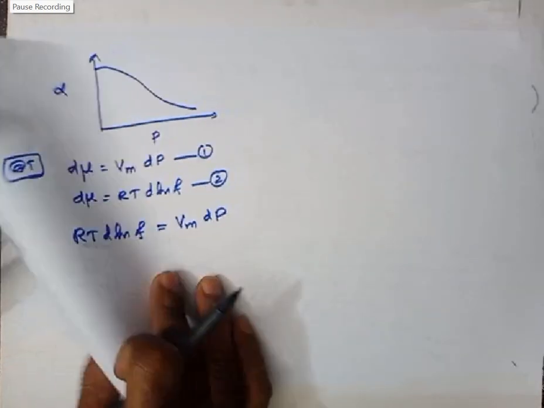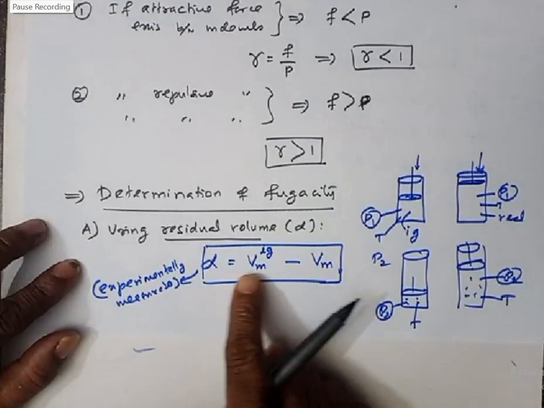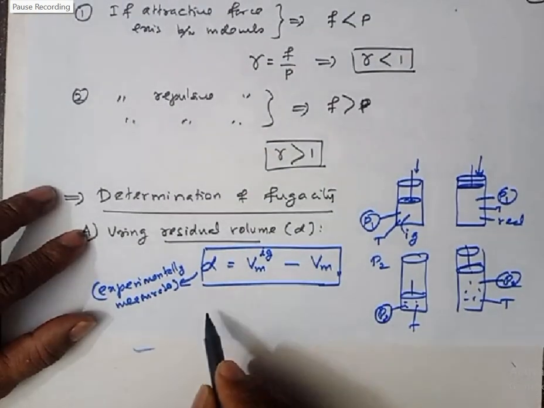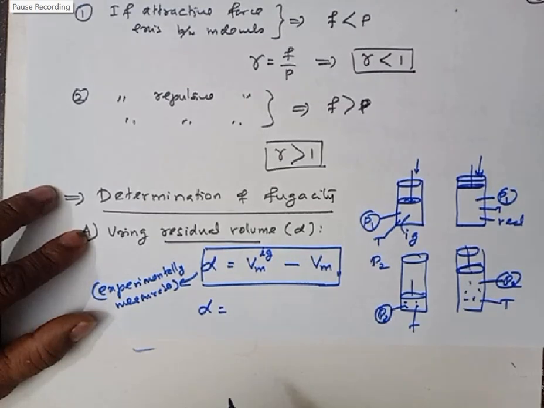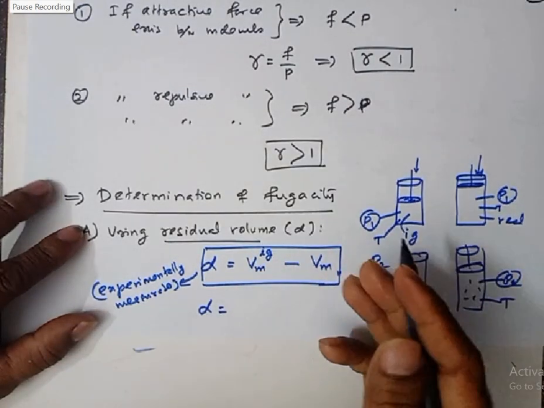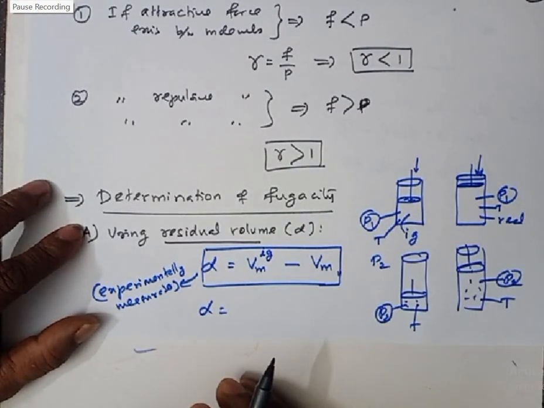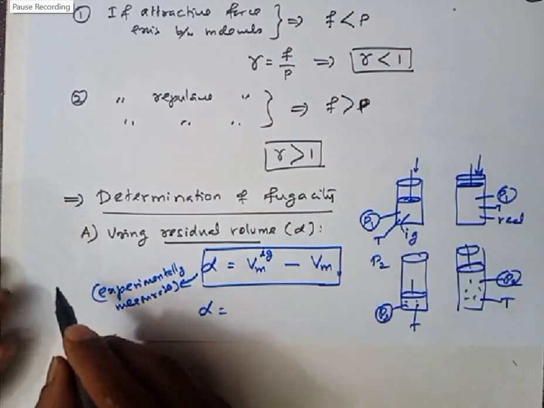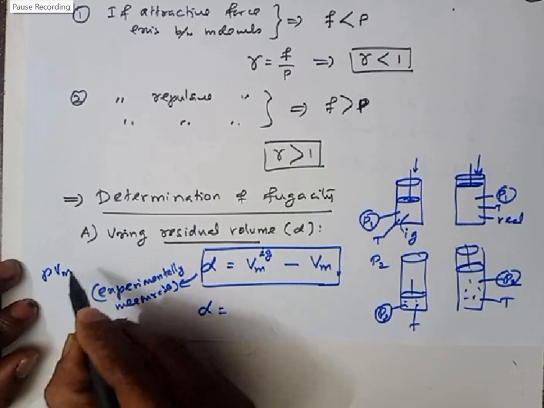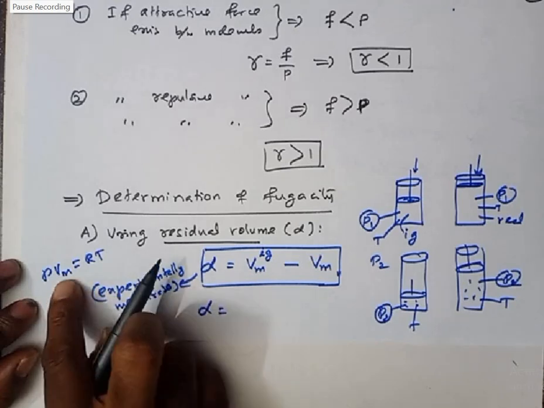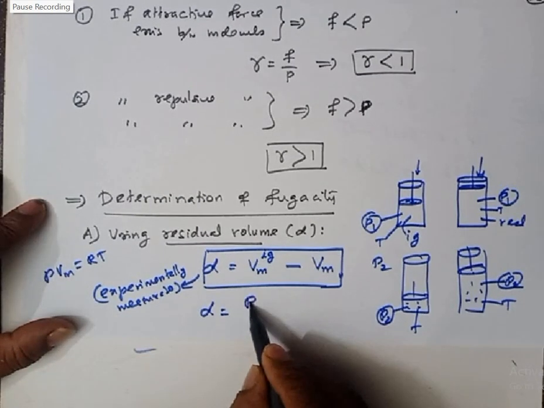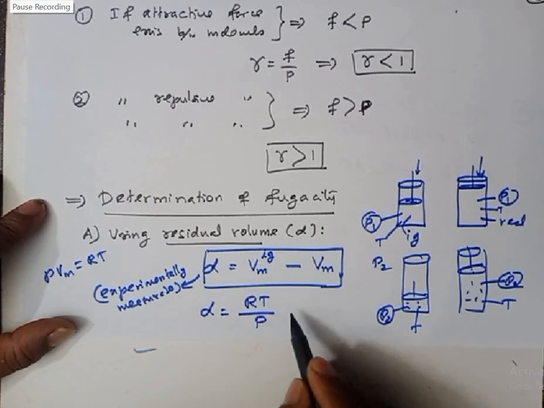Now listen, you see the previous equation, alpha minus Vm. Here I can write this as, what is the molar volume of ideal gas? The ideal gas equation I know: PVm equal to RT for 1 mole. Then what is Vm? Vm is RT by P. This we know.